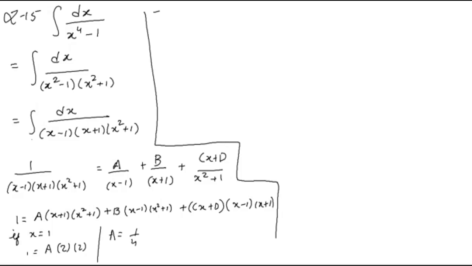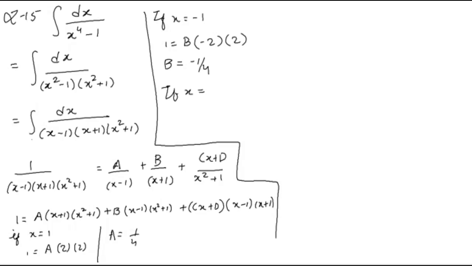If I keep x as minus 1, then here a and c and d will get eliminated. I will have just b into minus 1 minus 1 minus 2, and this will be 2. So I will have b as minus 1 by 4.